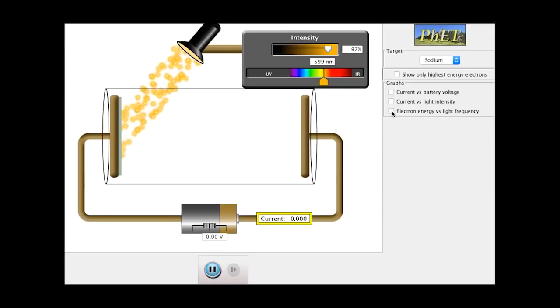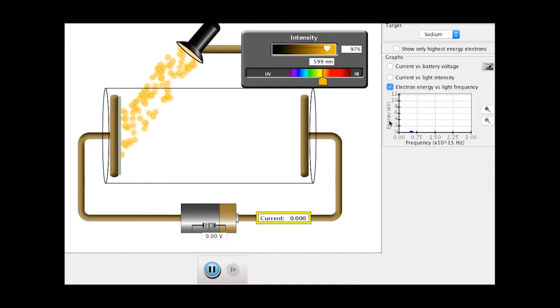Now, if I were to graph that, I would get this. So here is an important graph. What I've got here is a graph of energy against frequency. If I leave the intensity at about 80 and start to move across, you can see this dot represents the frequency increasing. But at this stage, I've got no electrons being emitted.